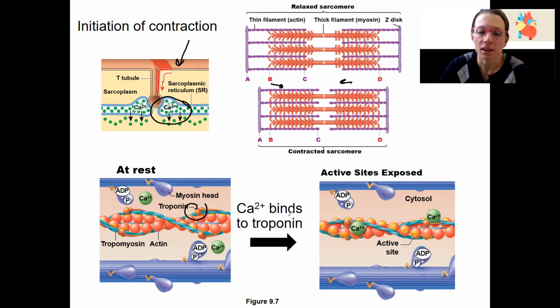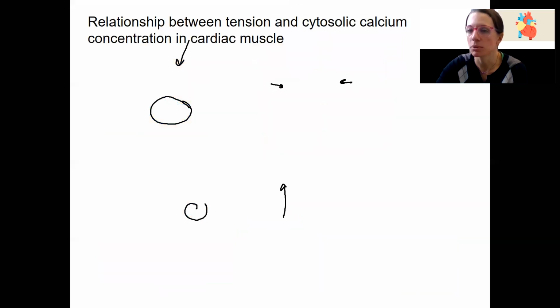So calcium is initiating the ability of cross bridges to form by binding to troponin, moving it out of the way. So calcium is important for initiation. Calcium levels are going to help determine contractility of our cardiac muscle.